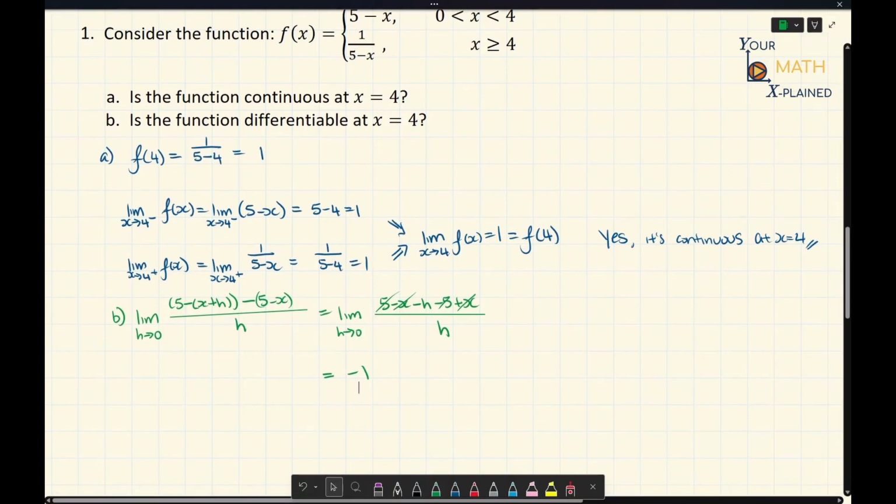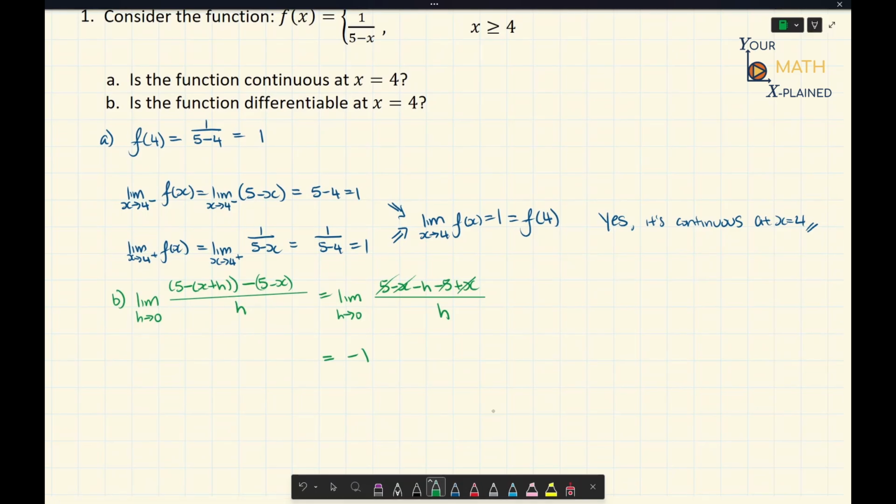And now we're going to do the exact same thing, but we're going to find it for the other piece of the function. So that's going to be the limit as h approaches 0 of 1 over 5 minus x minus h, minus 1 over 5 minus x, and then this is over h.